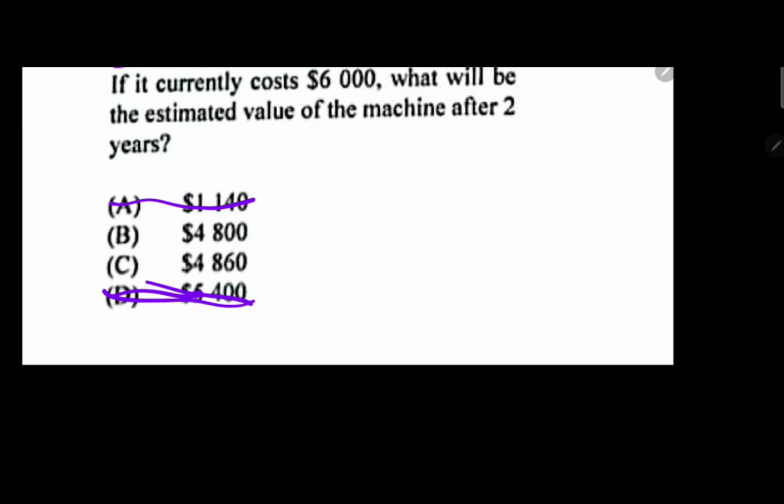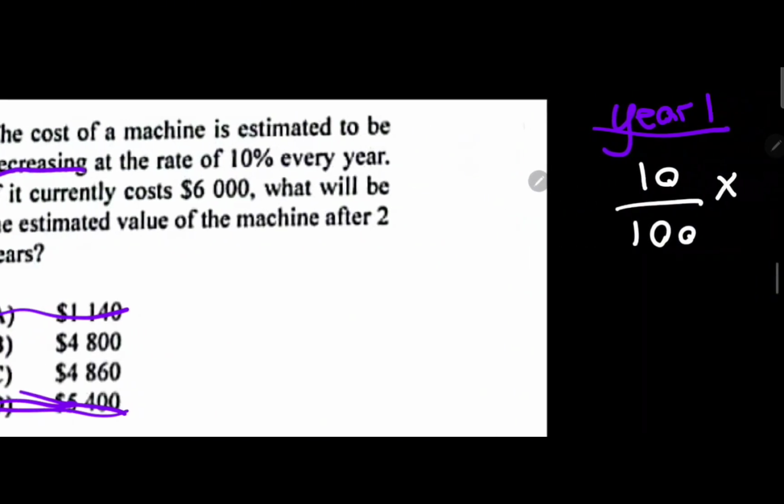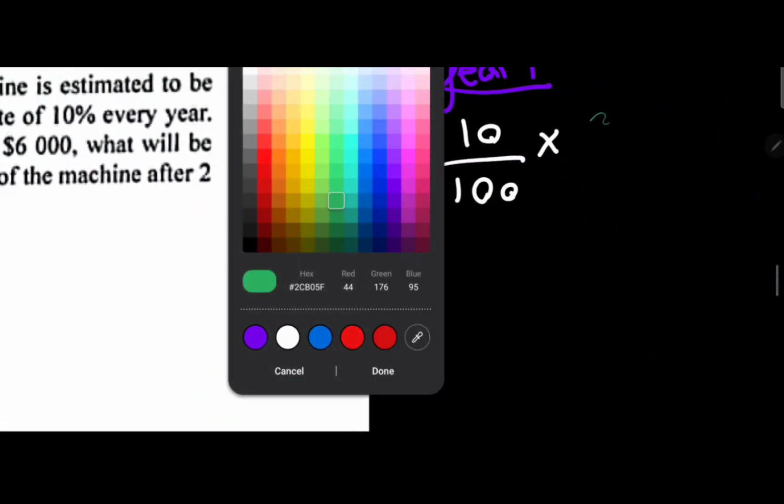So what you want to do here is, let's see, the rate is 10% every year and the number of years is 2. Okay, so in year 1, what we're going to have is 10% out of 100 multiplying the cost of the item, which is 6,000, right?